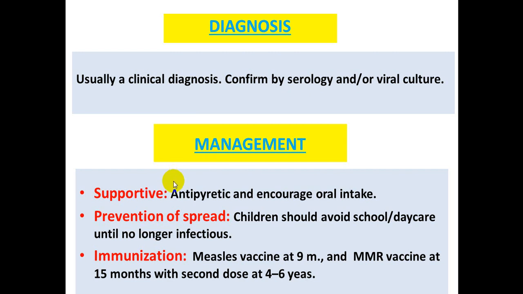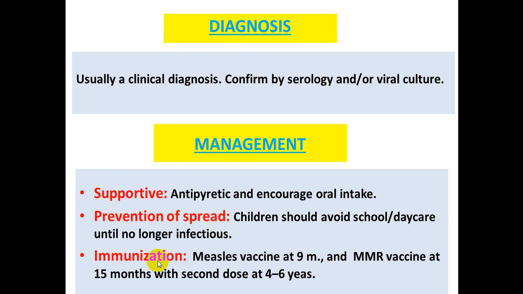Management of these viral diseases: the patient may require supportive measures like antibiotic and encouraging the oral intake. Prevention of spread is very important, so the patient should be isolated, and the children should avoid school and daycare centers until no longer infectious.